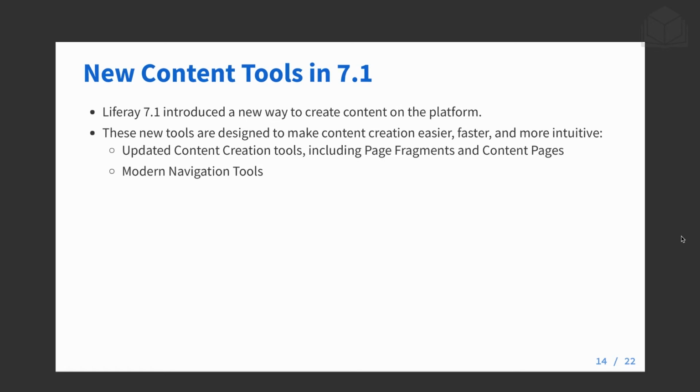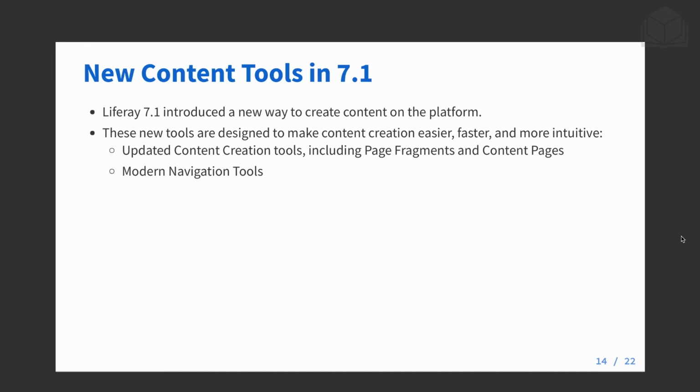All right, now new to 7.1 is a new set of tools that allow us to make creating sections of our pages a lot easier. Okay, so these are called page fragments. Now page fragments are typically developed by our front-end developers. It's where they can create HTML structures with CSS and JavaScript.